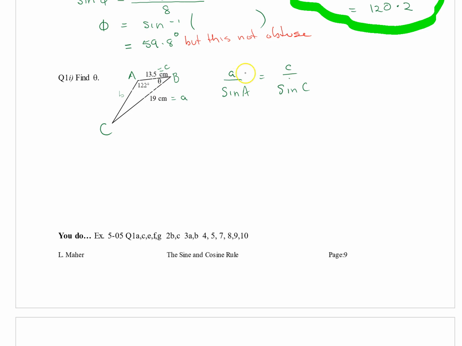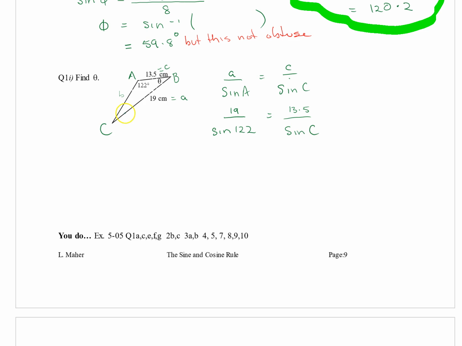Let's just confirm that. That's 19 on sine 122 is lowercase c, which is your 13.5, on sine of C. So you can see now that in an equation I only have the one unknown.